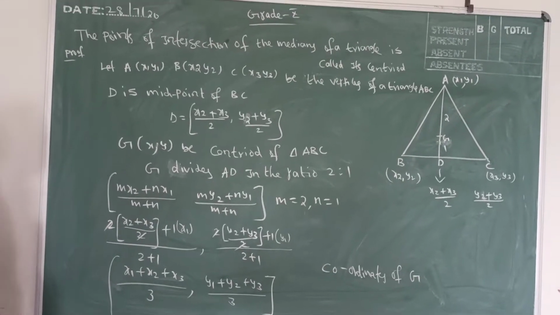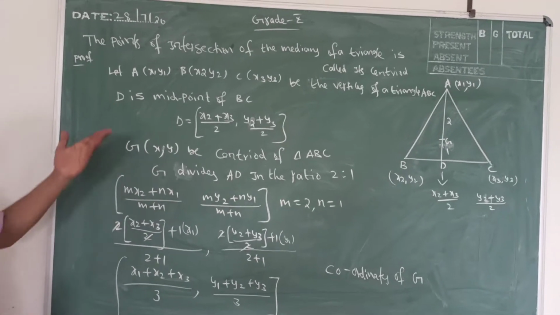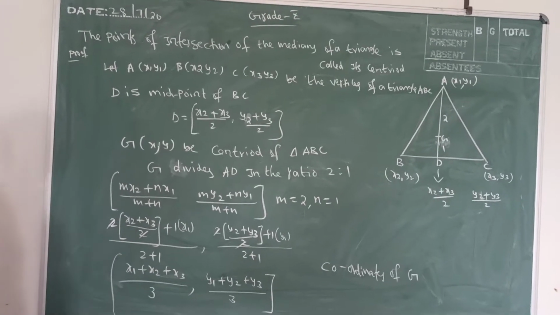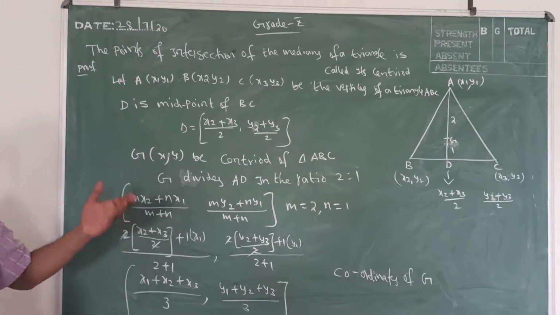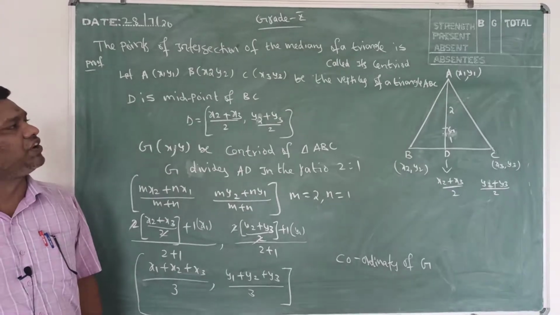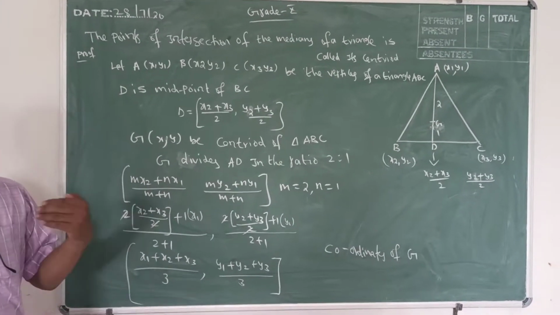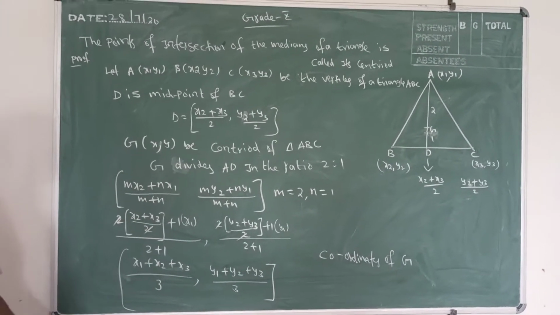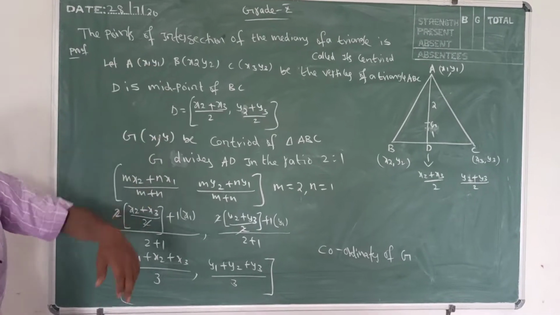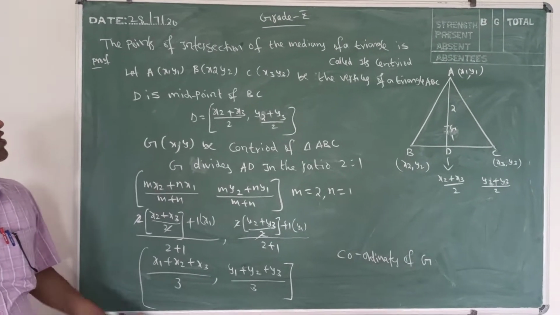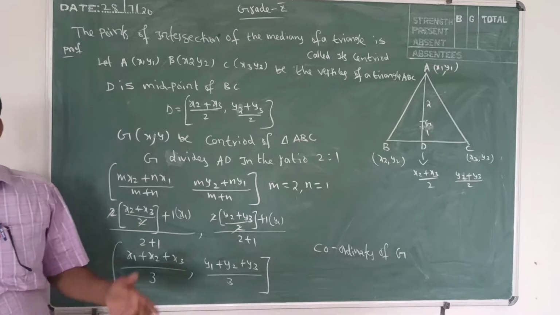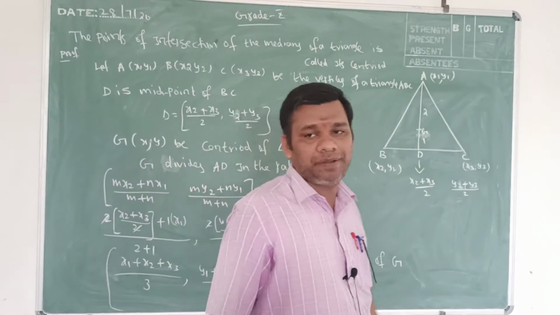Now see the next theorem. The point of intersection of the medians of a triangle is called its centroid.